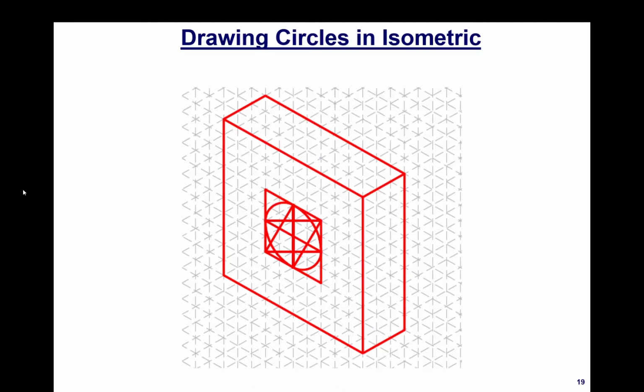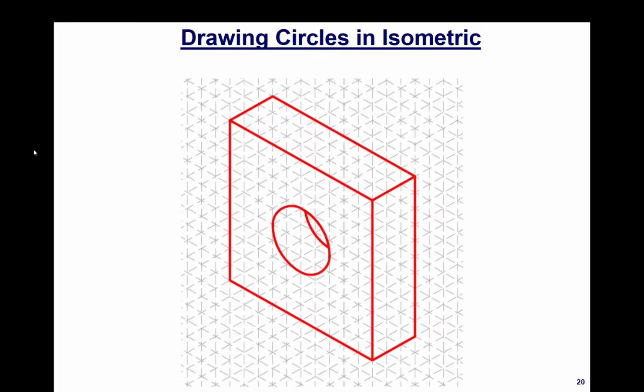So you have to be careful and be aware that in some cases you may see the other edge of the cylindrical feature. So in this case, if I give you a task, and I will give you a task to draw some isometric features, you're going to have to confirm whether or not you would see the other edge of the cylindrical feature. And how would you do that?